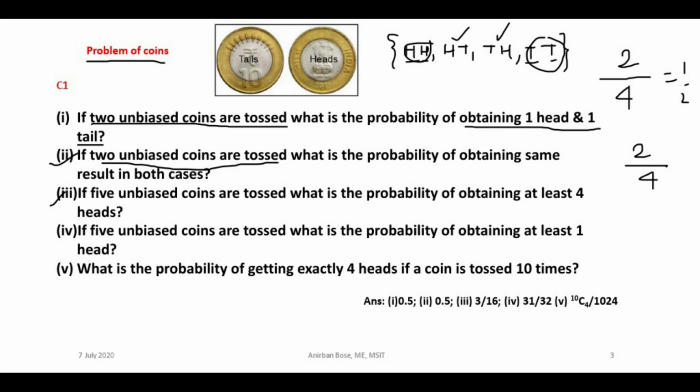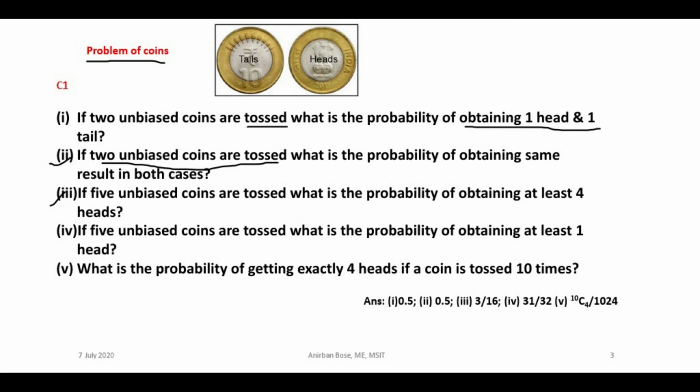Okay, now coming to the third problem. If 5 unbiased coins are tossed, what is the probability of obtaining at least 4 heads? Now the problem is more generalized, so it is not possible for 5 unbiased coins to write the whole sample space, writing all the elements. Let us try to write at least one of the elements.